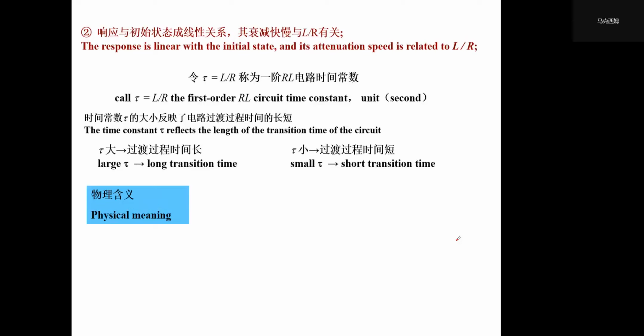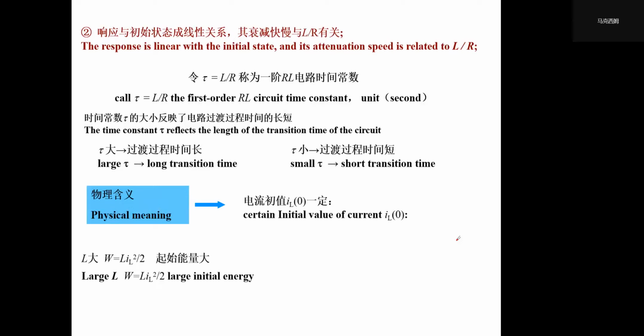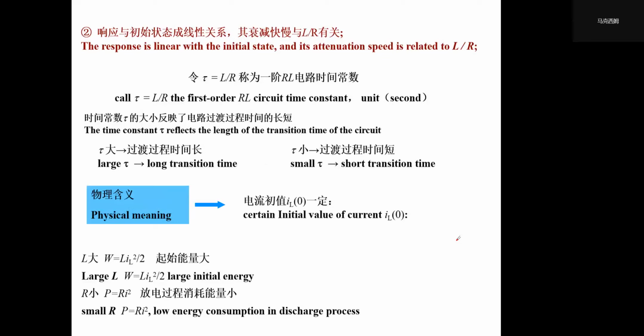Let's see the physical meaning, which is very similar to the capacitor we have talked about. When the initial value of the current is certain, if we have a large L, which means we can store more energy, and a small resistor, the energy consumed in the discharging process is smaller.